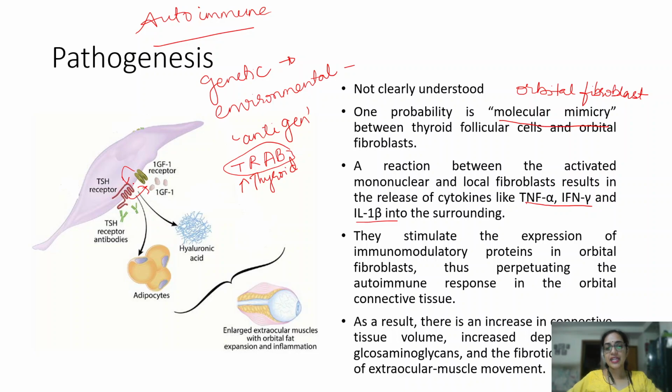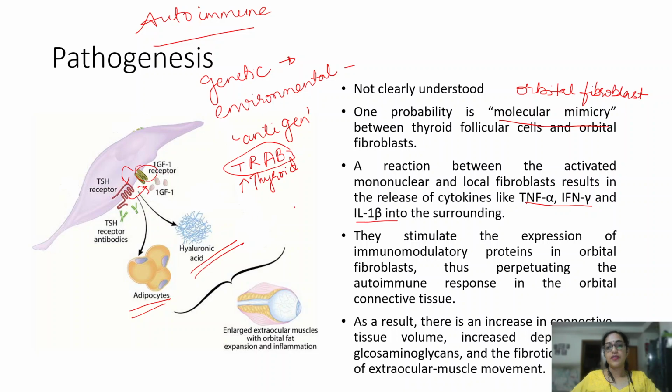Some mechanisms can be independent of IGF-1 or dependent on IGF-1. Nonetheless, there is increased IGF-1, both of which lead to formation of increased hyaluronic acid and increased adipocytes within the orbit. This hyaluronic acid, as you know, is a hydrophilic compound. It attracts a lot of water.